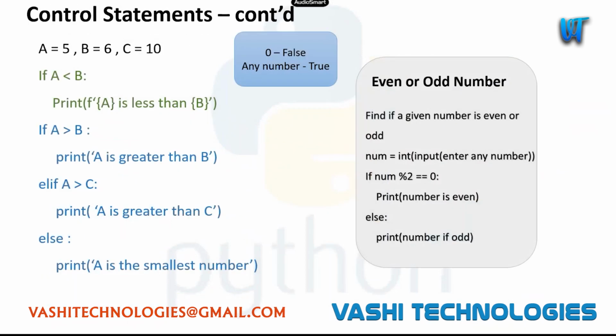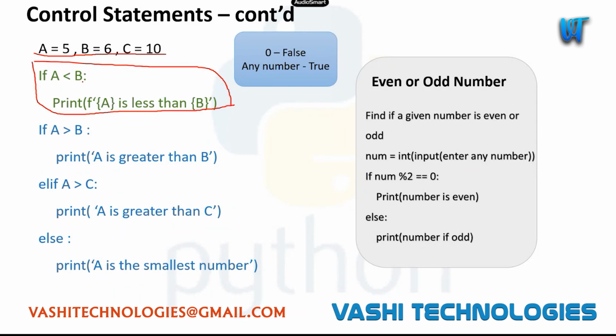So let's see this practically. Let's say I have three variables here, which are A, B, and C. This is my first conditional statement, which is if A less than B. It will check whether A is less than B. If it is less than B, it will return true.